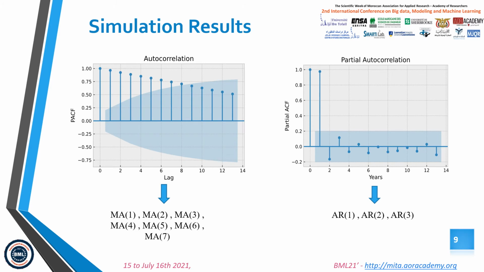The next step is to model the carbon dioxide emission series. We start by using the correlogram of the stationary series, and from the autocorrelation coefficient and partial autocorrelation coefficient, we try to fit a suitable time series model.